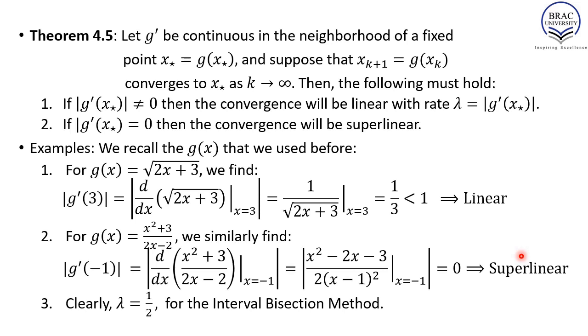But for the superlinear case, when lambda equals 0, it does not mean that the higher derivatives of g are also 0. Remember in calculus, if the first derivative of a function f is 0, it does not guarantee that the second or third derivative is also 0.